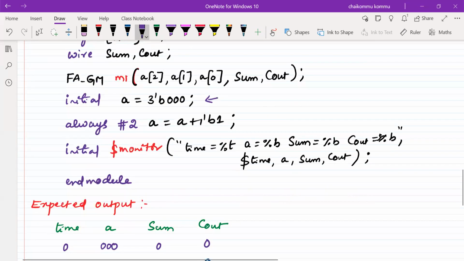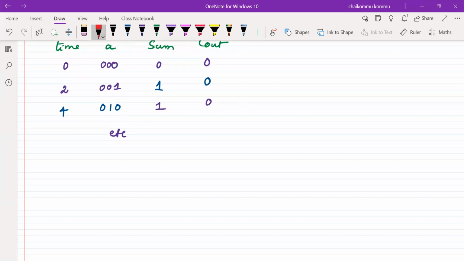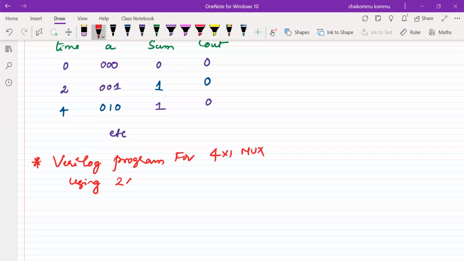Now, can you write a Verilog program for a 4x1 mux using 2x1 mux?